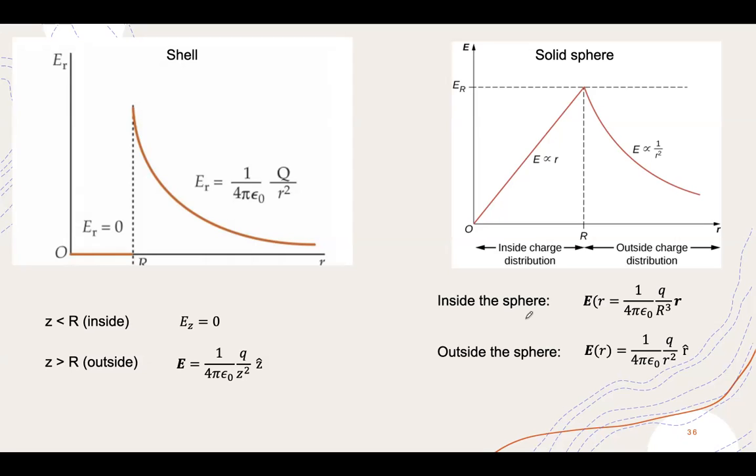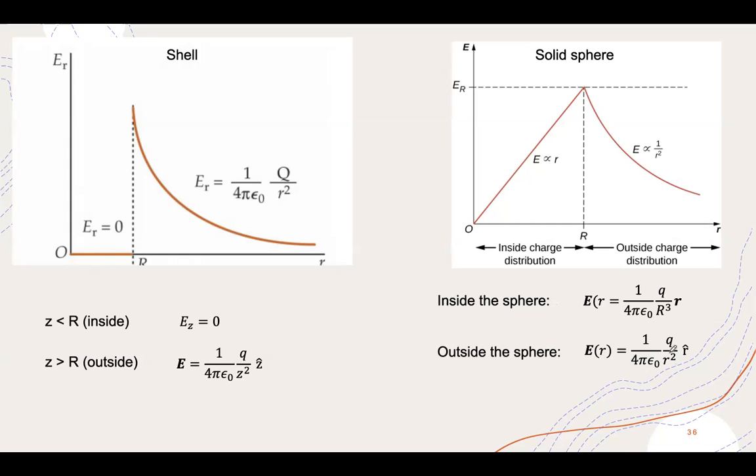However, if it is a sphere, that means the sphere is made up of an infinite number of shells from 0 to R, where R is the radius of the sphere. Inside the sphere, since the field is directly proportional to the distance, it is simply a straight line.